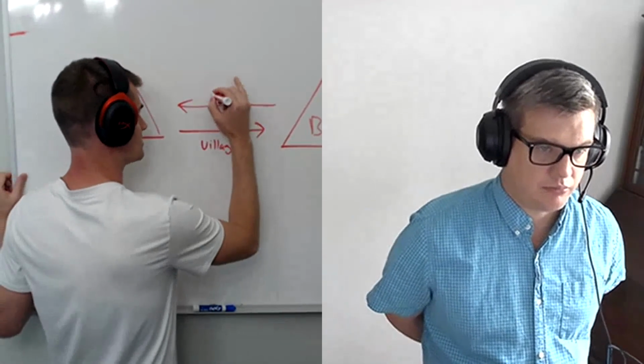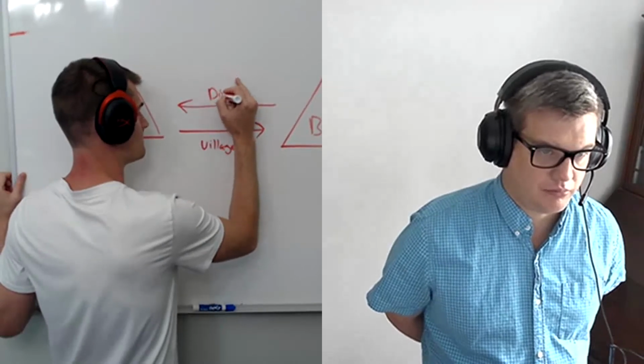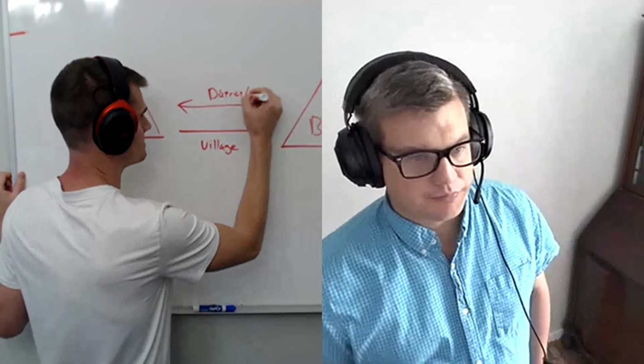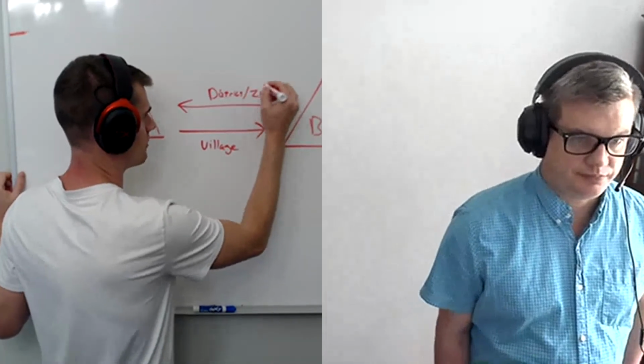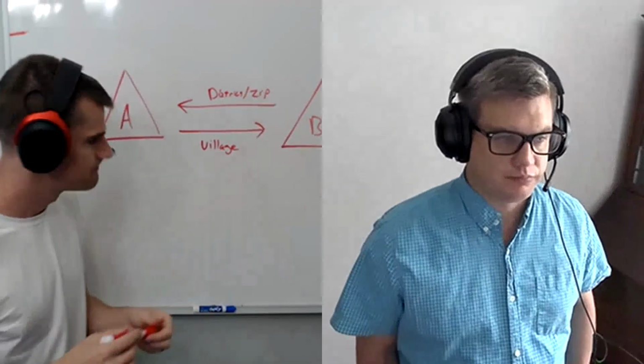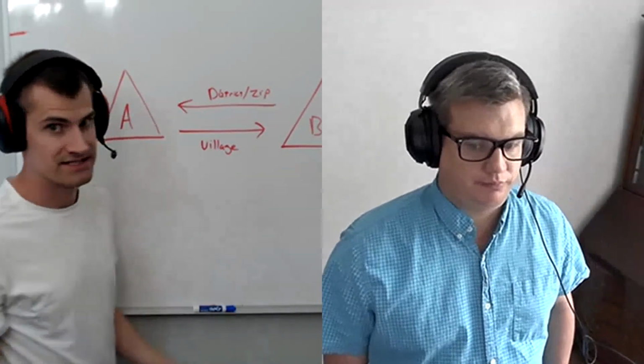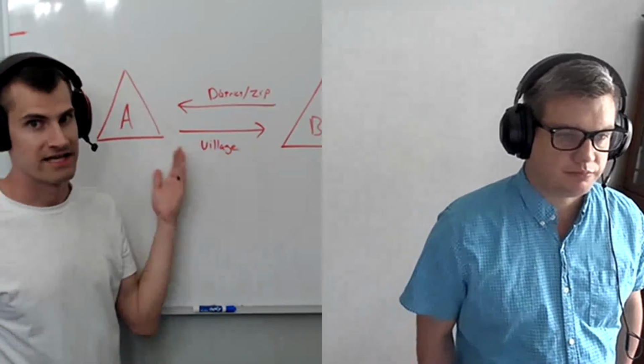So we're going to share our district level data. That could also be a zip code or PIN code or whatever. And so the nice thing is this relationship has been established. They have begun to share data with one another.